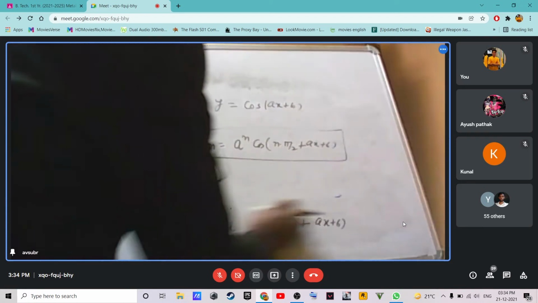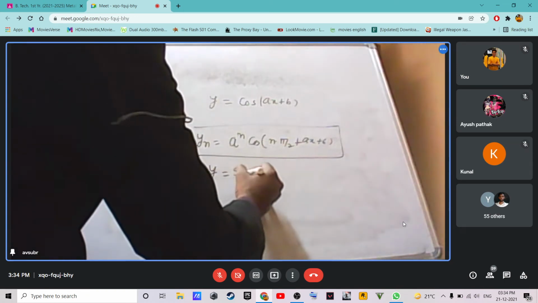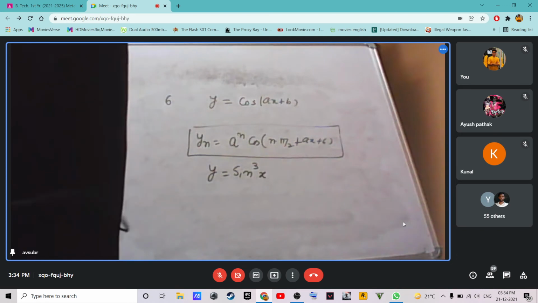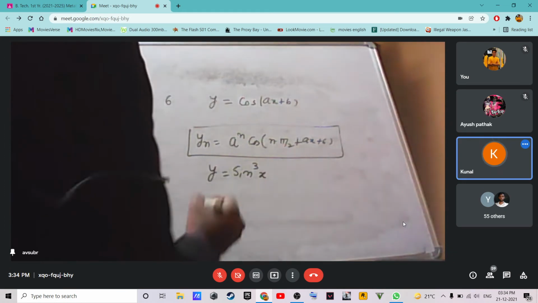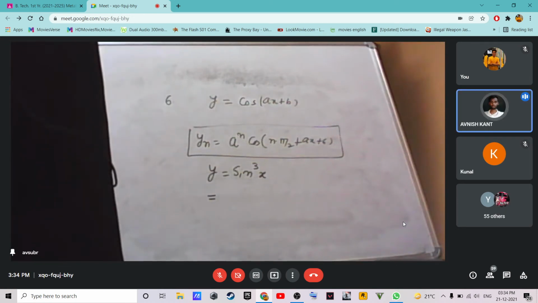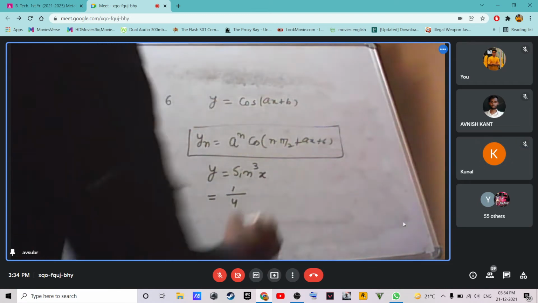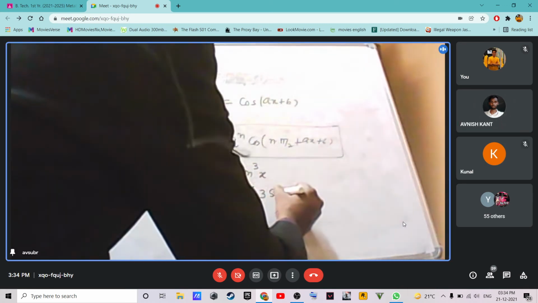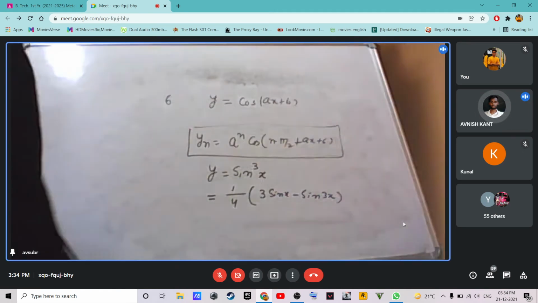So now I give a problem: y is equal to sin cubed x. How can we find the nth derivative of this? How should we attack the problem? We will use the sin 3x formula: sin cubed x is 1 by 4 into (3 sin x minus sin 3x).